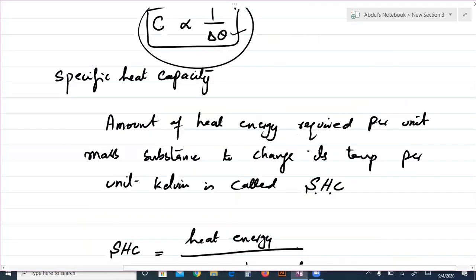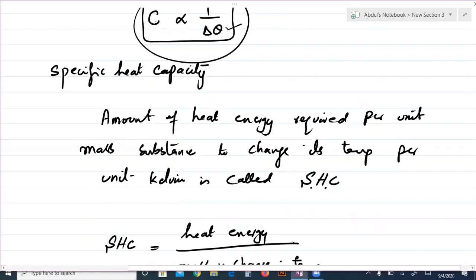Now, the next is the specific heat capacity. The amount of heat energy required per unit mass of substance to change its temperature per unit Kelvin is called specific heat capacity. So in heat capacity, no mass is given, but in specific heat capacity, mass is mentioned.